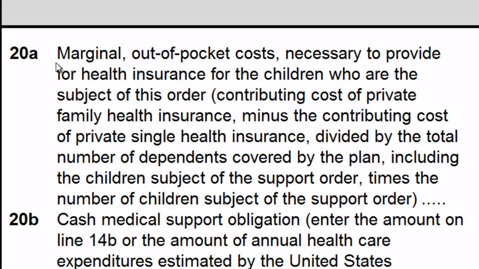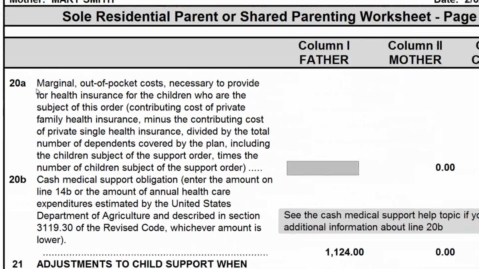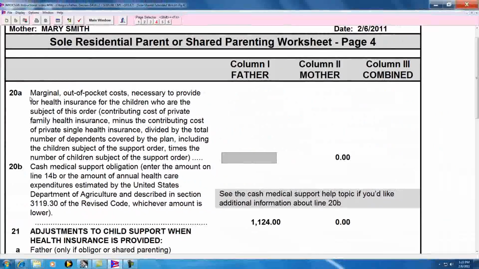As I mentioned earlier in connection with line 7B, that would be the difference between the cost of an individual policy and a family policy. Next, you would take that difference and divide by the total number of dependents covered under the policy. This would be important if there were children from another marriage covered under the policy, or adult children, or other dependents. Finally, you take that amount and multiply it by the number of children who are subject to the order, and that's the amount that goes on line 20A.